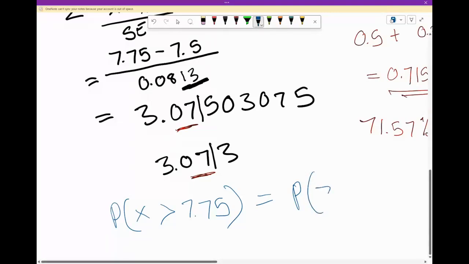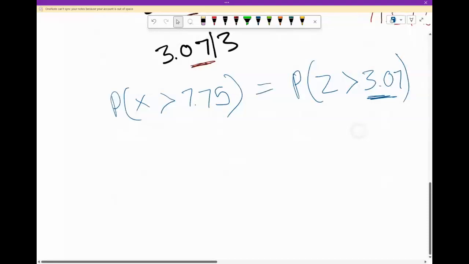So we're looking for the probability that Z is greater than 3.07. Okay, right. And fortunately, can you see this is positive? So then we say, okay, what is the area or the probability that is equal to this 3.07 on our Z distribution table?